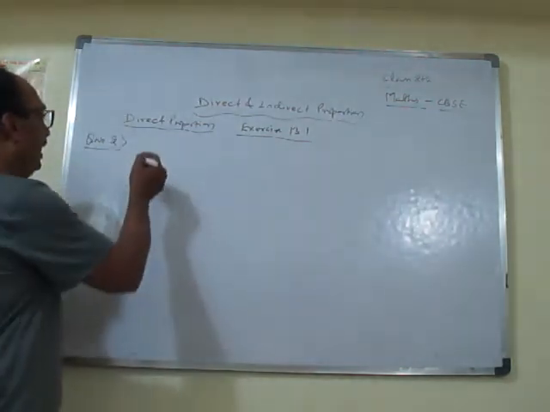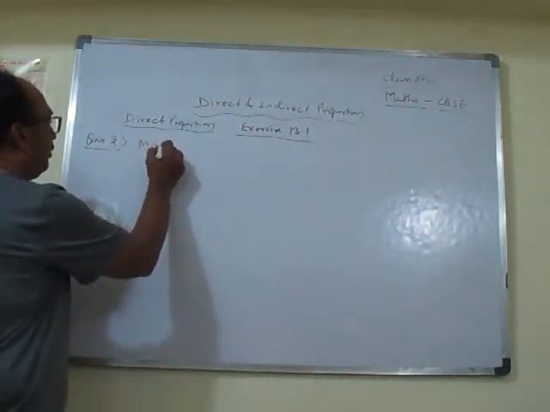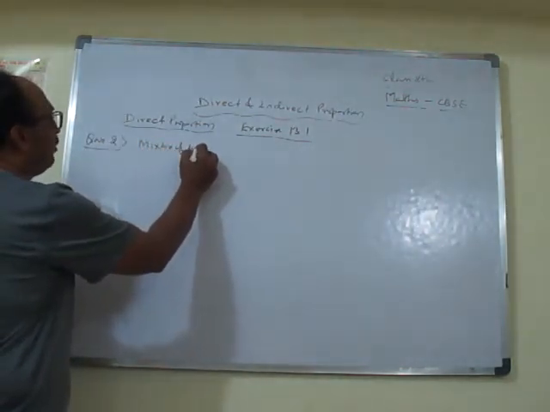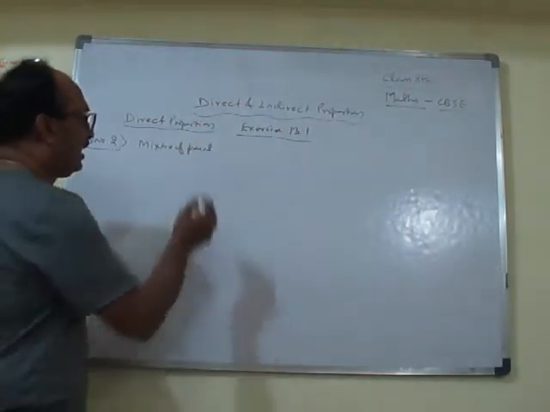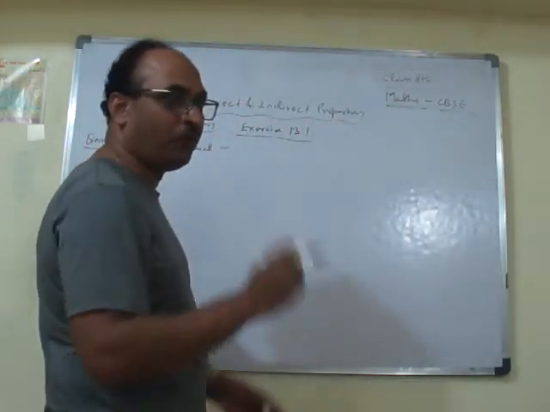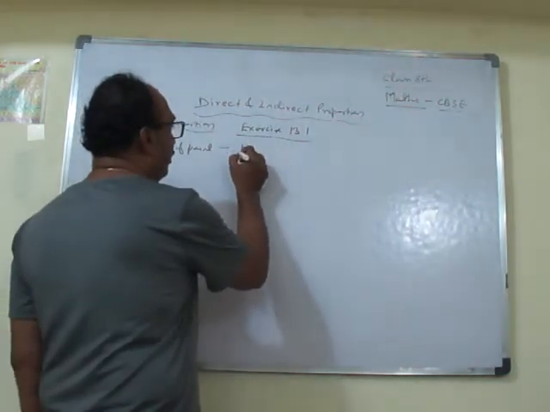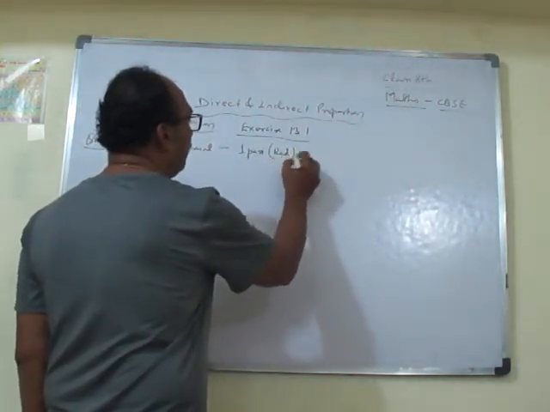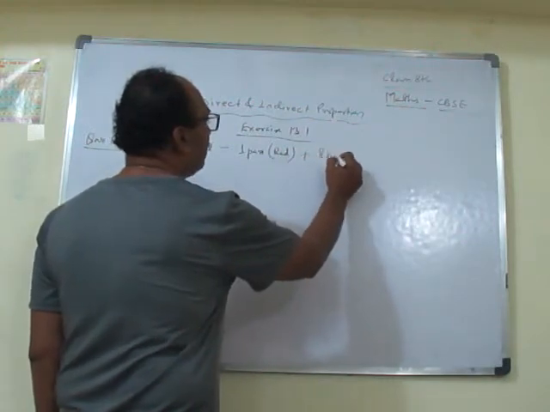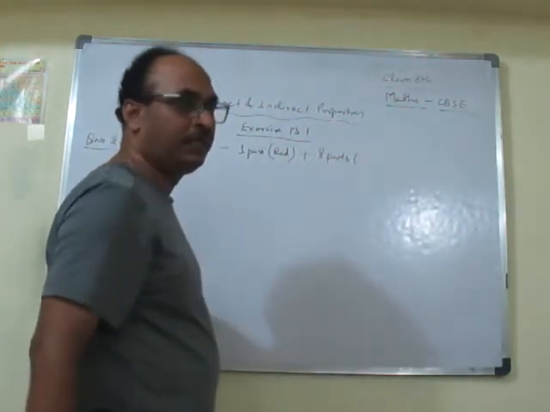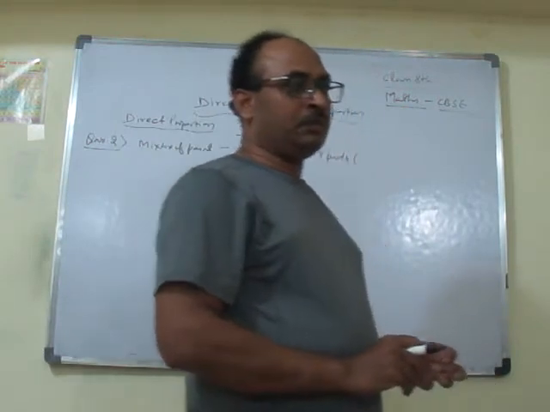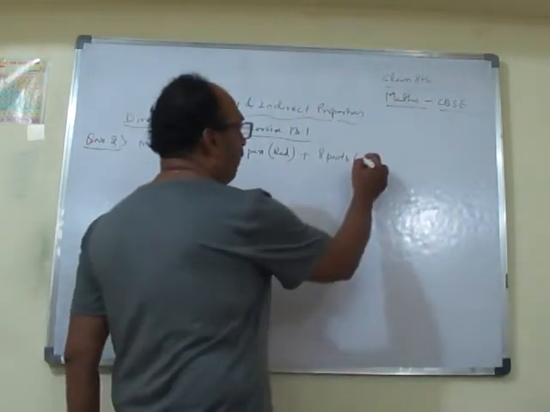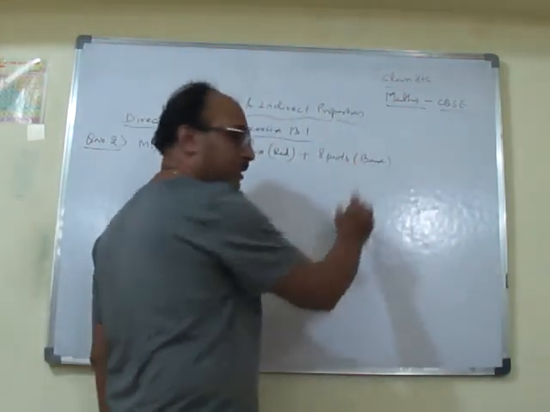So a mixture of paint is prepared. What does it consist of? It consists of 1 part of red pigment plus 8 parts of base.